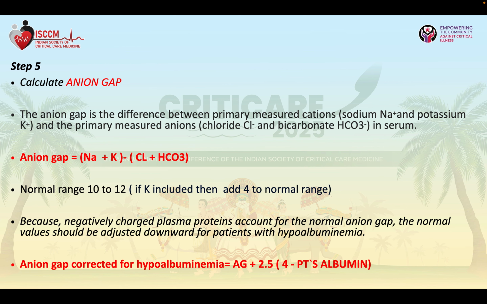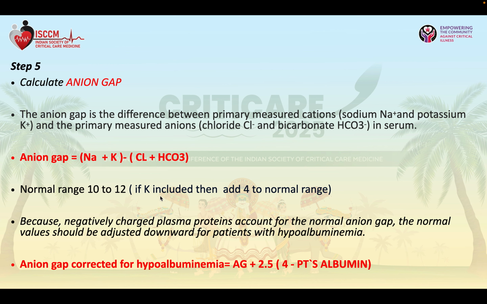Following this, especially in the presence of metabolic acidosis, we need to calculate something called the anion gap. It is the difference between the measured cations, that is sodium and potassium, and the measured anions, that is chloride and bicarb. The anion gap formula is sodium plus potassium minus chloride plus bicarb, and the normal range is between 10 to 12.